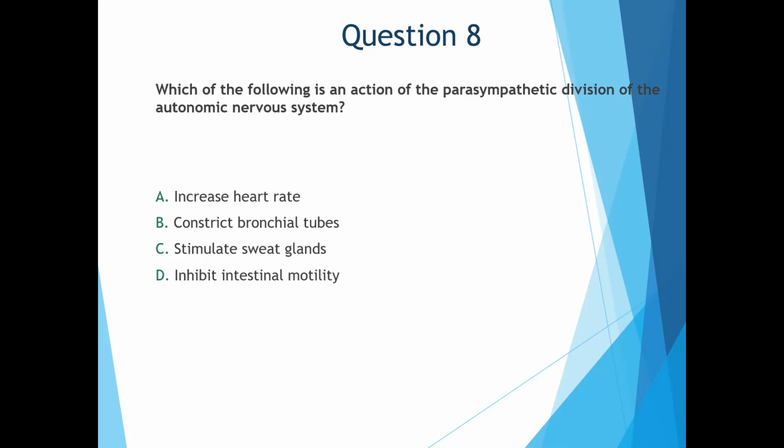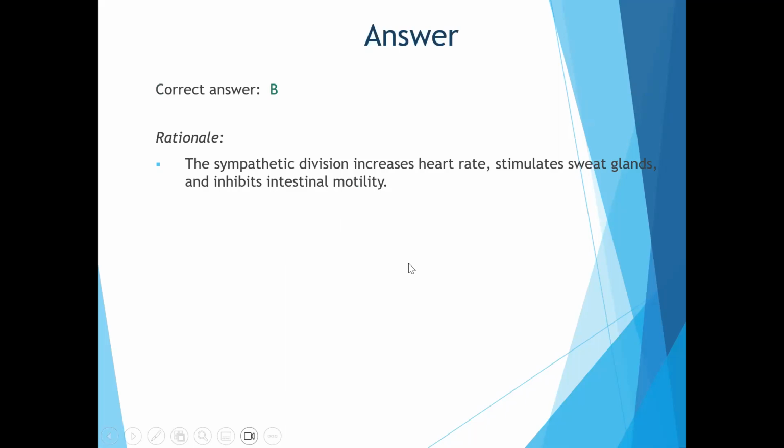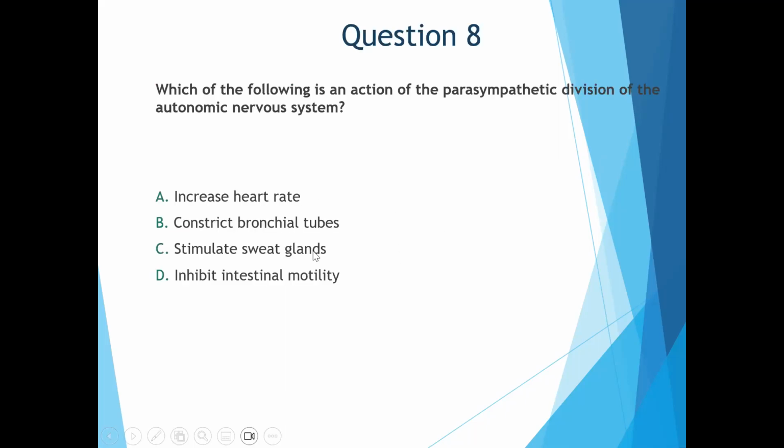So this is not an easy question. The answer would be B, which is constrict the bronchial tubes. The sympathetic division does the increase in heart rate. It'll stimulate your sweat glands and it will inhibit intestinal motility.